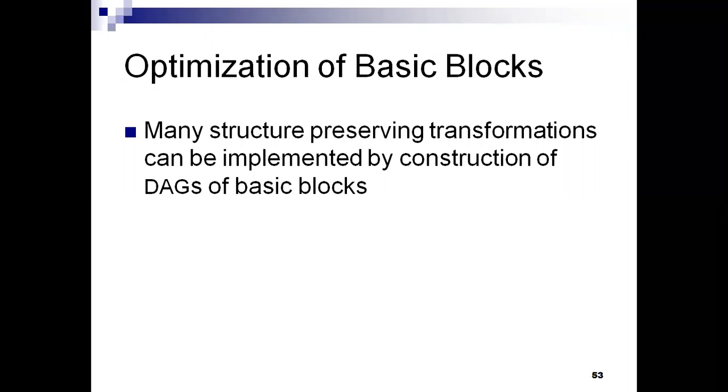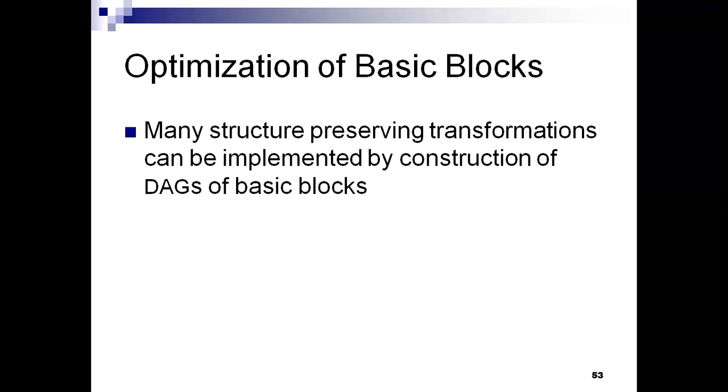To know how the optimization of basic blocks takes place, first you need to know what a basic block is, what the definition of the basic block is, and what terminologies are used in the basic block.